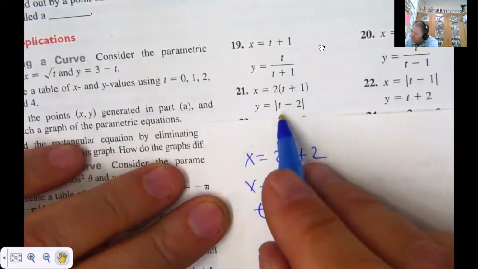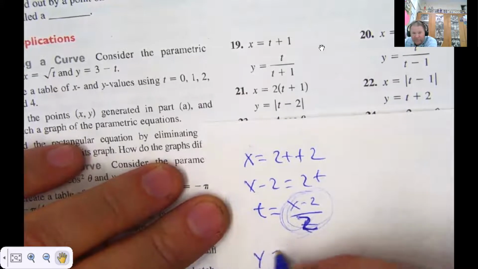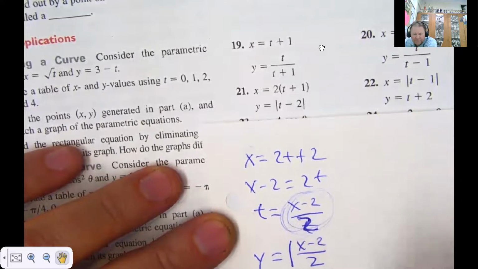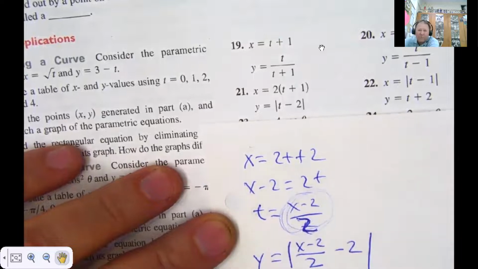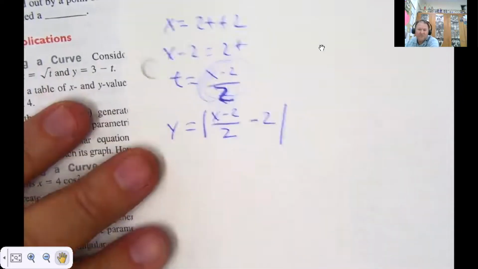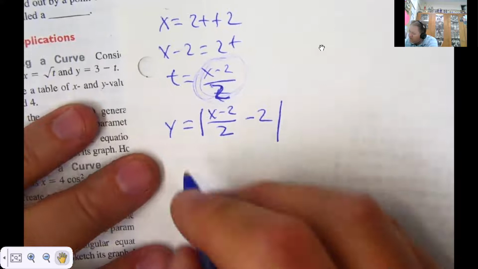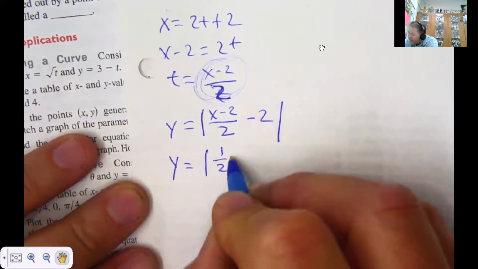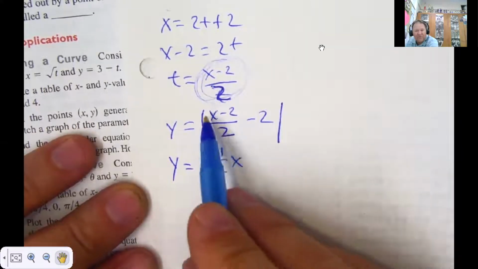Get back into this one right here. So this would be y equals the absolute value, and then for x, I'm going to do x minus 2 over 2, and then minus 2. Now, I wonder if I should leave it like that, or here, I'll go ahead and rewrite this. This would be y equals the absolute value of 1/2 x, right? Because I can break it up into 2 separate fractions.